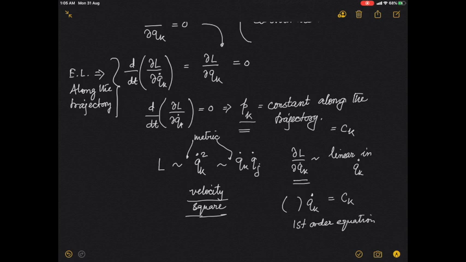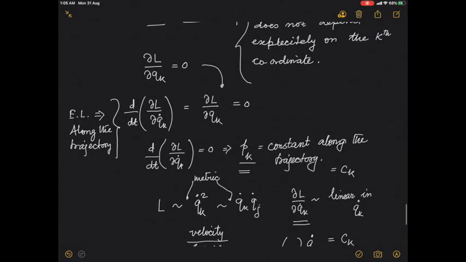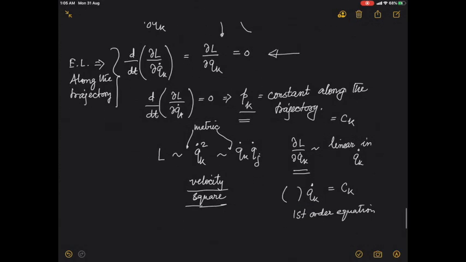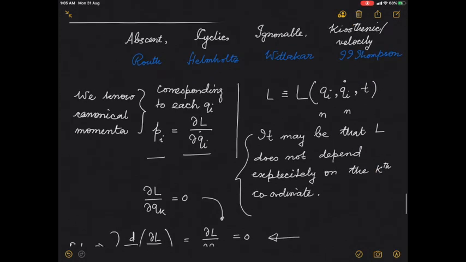So for the cyclic coordinates, for the differential equation I have to solve for the trajectory of that coordinate, I don't need to solve the Euler-Lagrange equation, which is a second order differential equation, but I can solve a first order equation for the cyclic coordinate. That will give me the trajectory for that coordinate, or how that coordinate changes with time. That's why it's called ignorable, because you can ignore one of the dimensions.